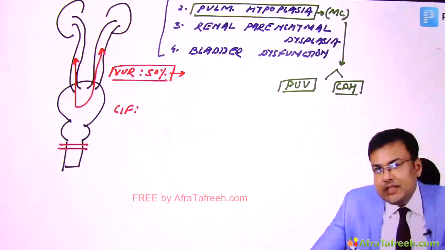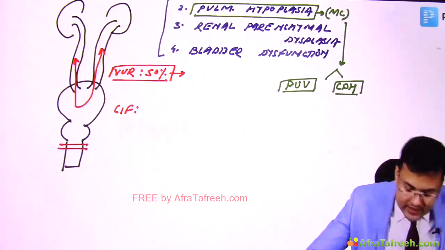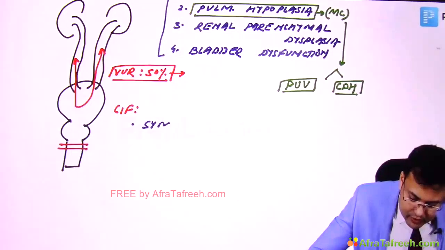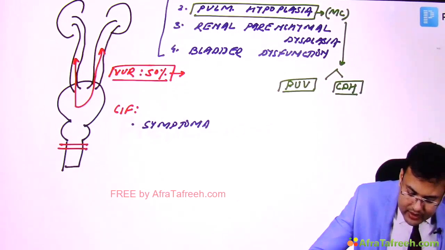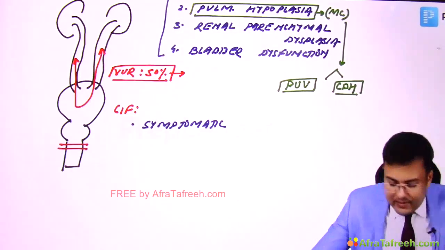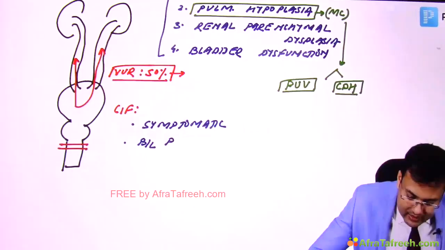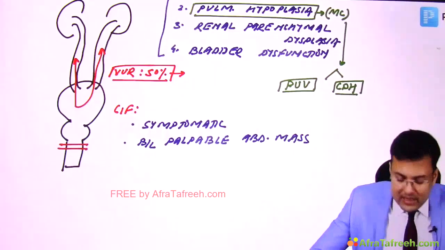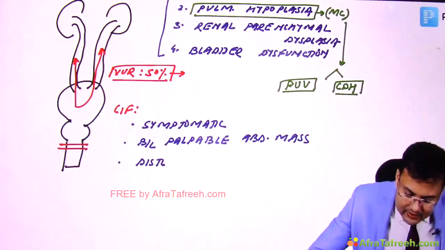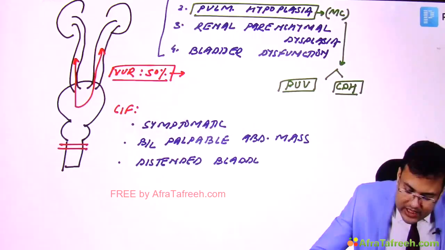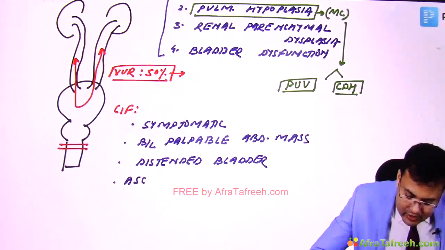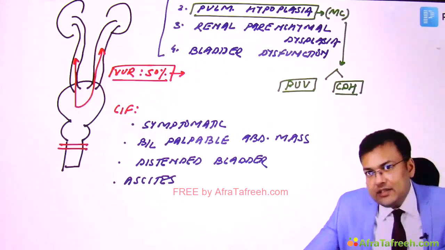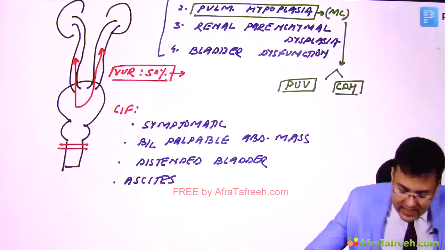Second, what are the clinical features? Most patients are symptomatic after birth. On palpating the abdomen you feel a bilateral palpable abdominal mass and a distended bladder. There is also ascites, and the content of this ascites is urine, so this is urinary ascites.